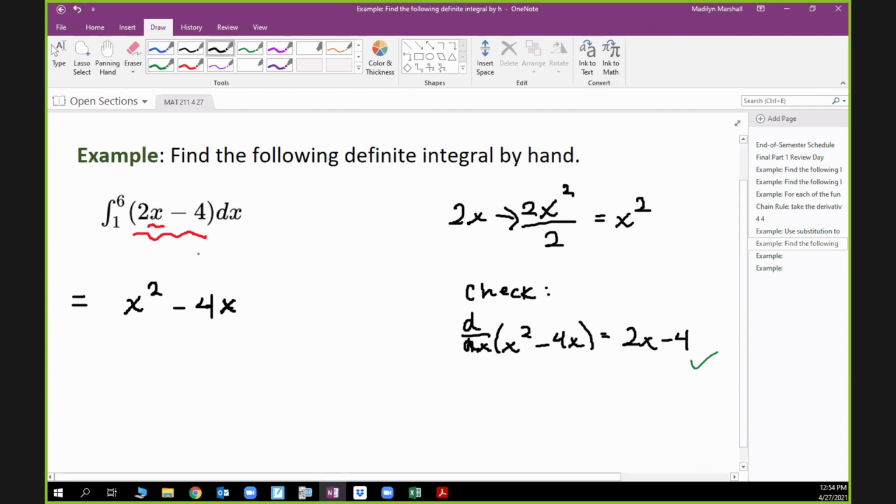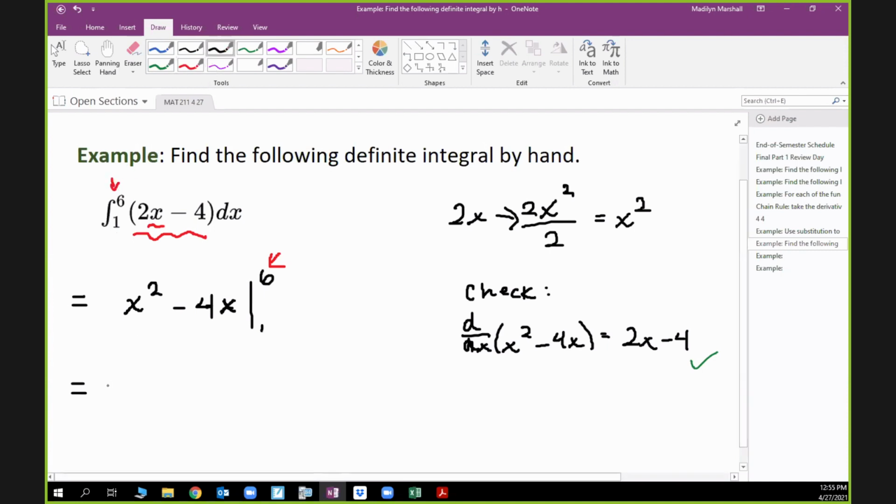But we are not done because we're evaluating now from 1 to 6. So integration rules get us to our antiderivative, but now we need to do our evaluation. And I think this is where a lot of the little mistakes happen. So first thing to keep in mind is that the top number always goes first when we are plugging in.